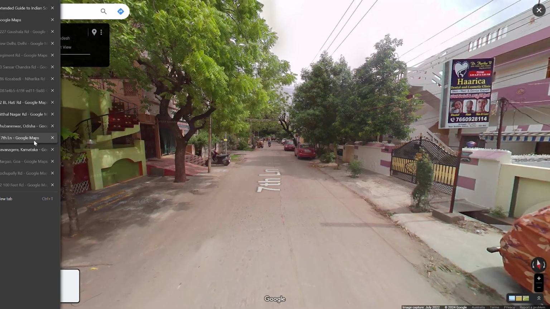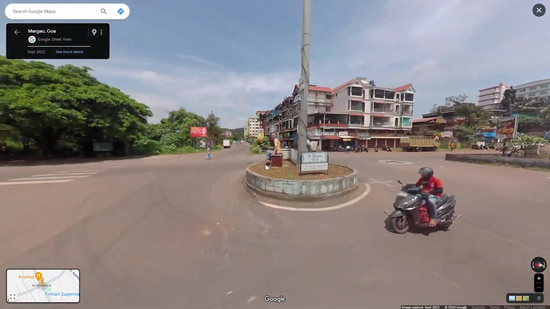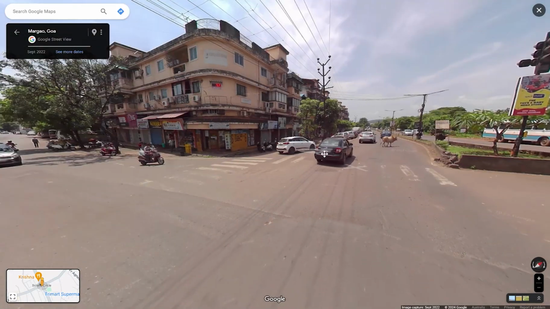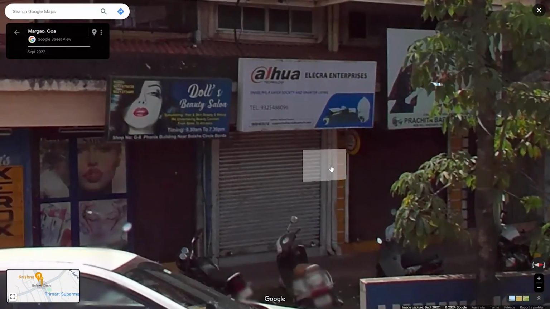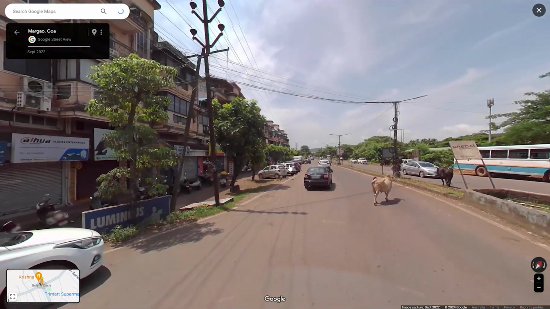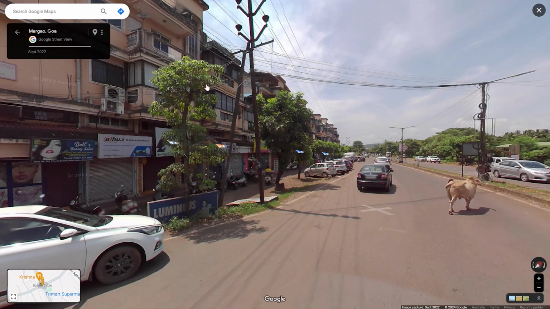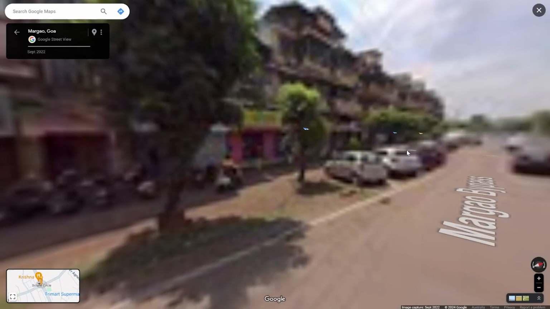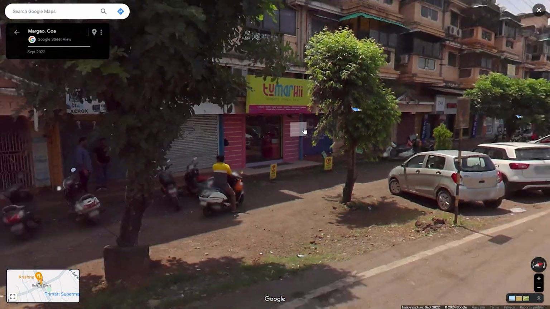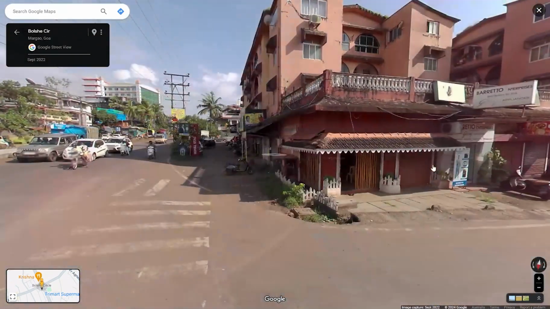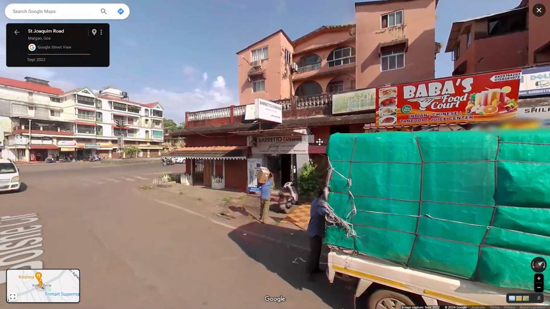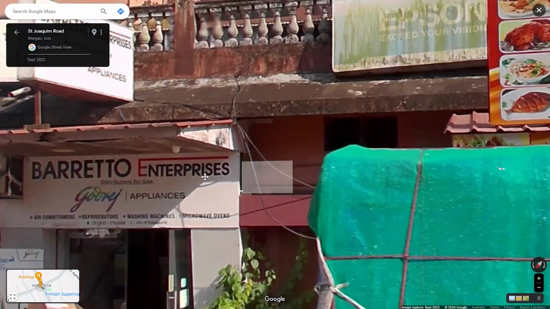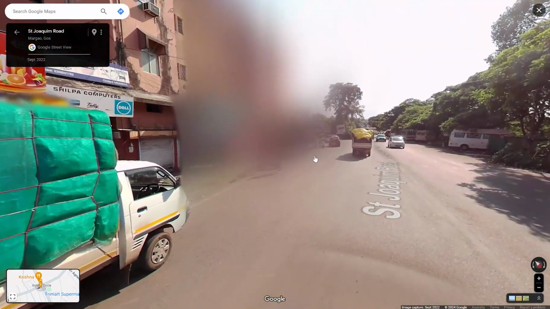So if we look at an example here, I've got an example in Goa, in Margao, one of the biggest cities in Goa. You'll notice that nearly all of the signs are written in English. So all of these signs are written in English. If I go along this road, English, English, English.